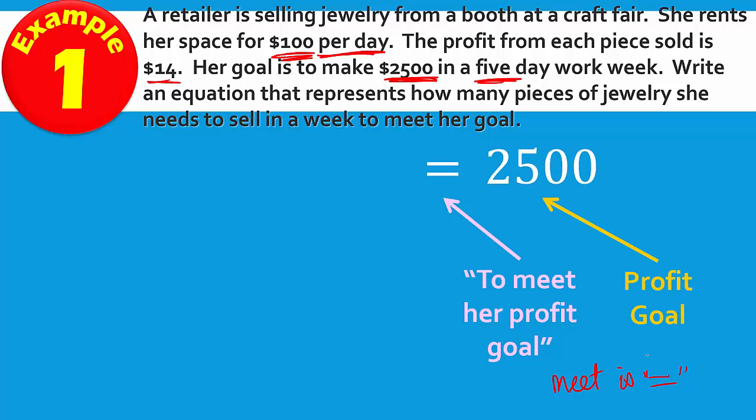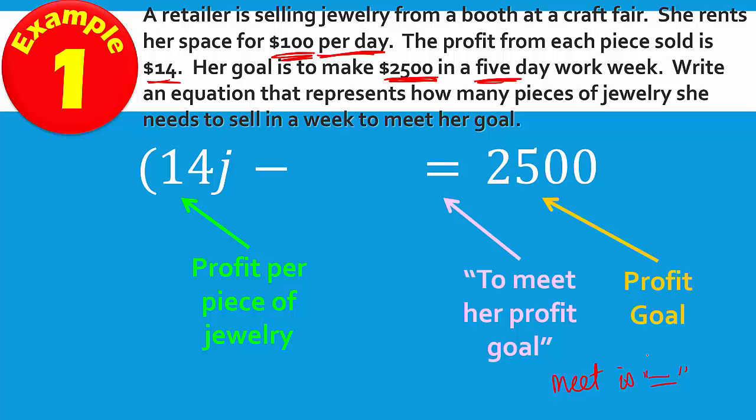Okay, next, we know her profit goal is $2,500, so that's what she needs to make to meet her goal. We know that she makes $14 per piece of jewelry. All right, so you put the variable there because it depends on if she sells 10 pieces, 100 pieces. It's got to be 14 with the variable after that.